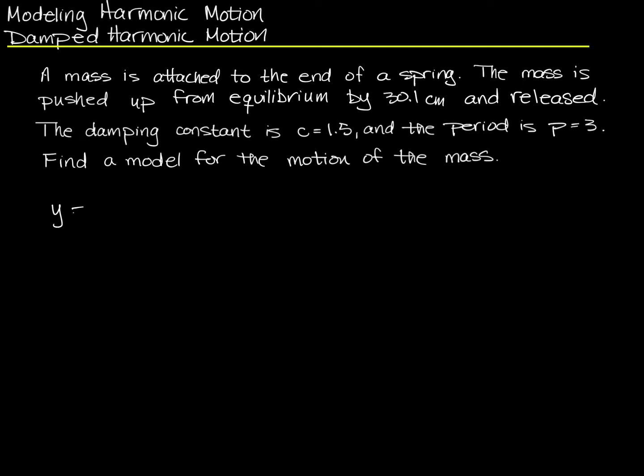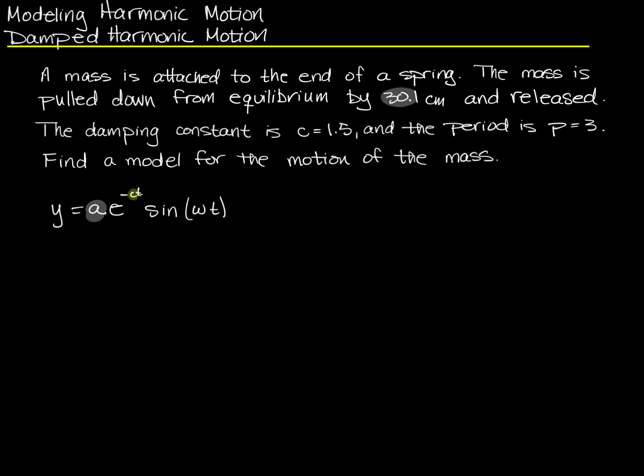Well, we know that we want our equation to take this form: A times e to the negative ct times either sine or cosine of omega t. We have some of this information directly. We know that A is our amplitude.